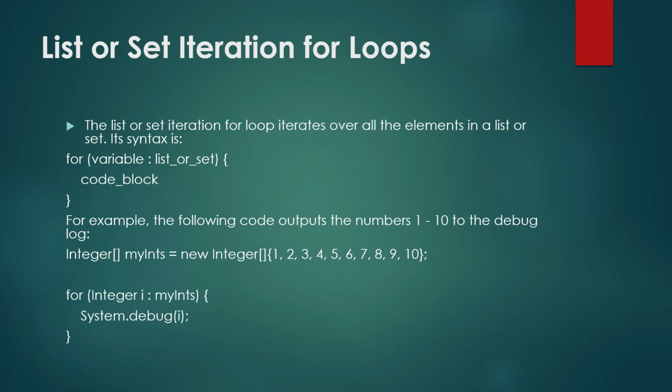In this example, we are creating an integer array, the variable name is myInts, and in that integer array we are storing values from 1 to 10. Then we are iterating, for integer i in myInts, and then system.debug, so it will print the value of i in the debug logs.